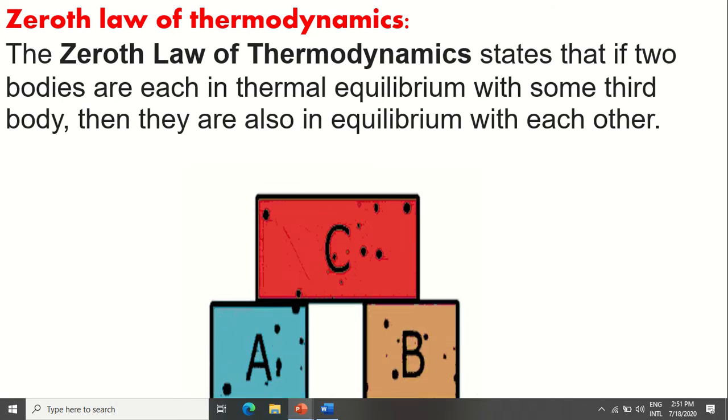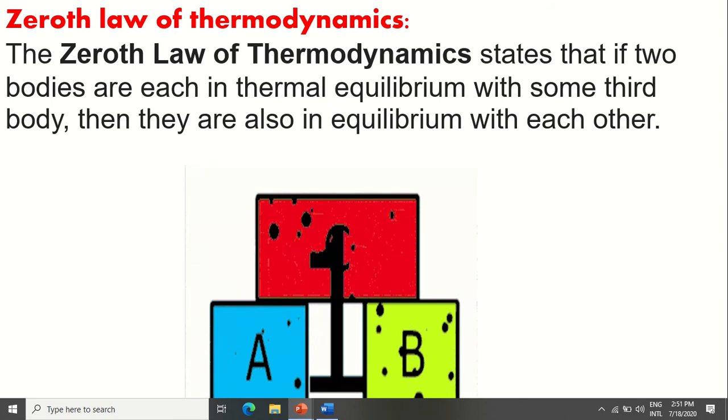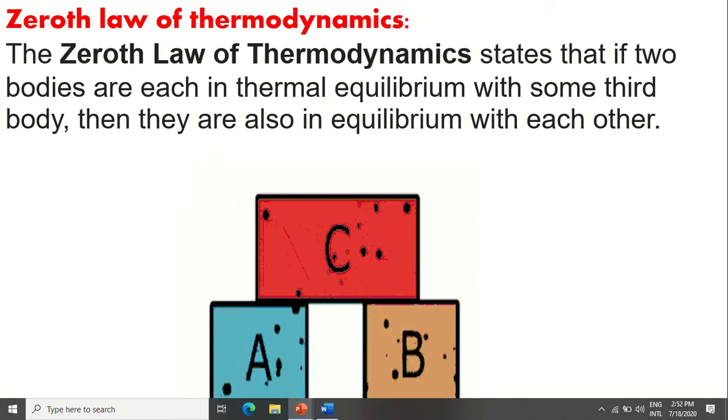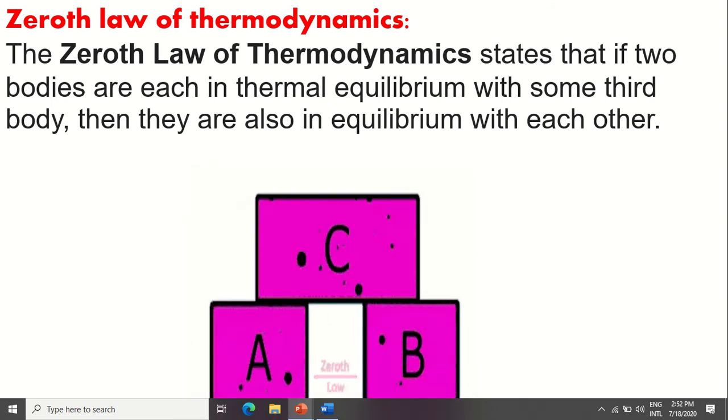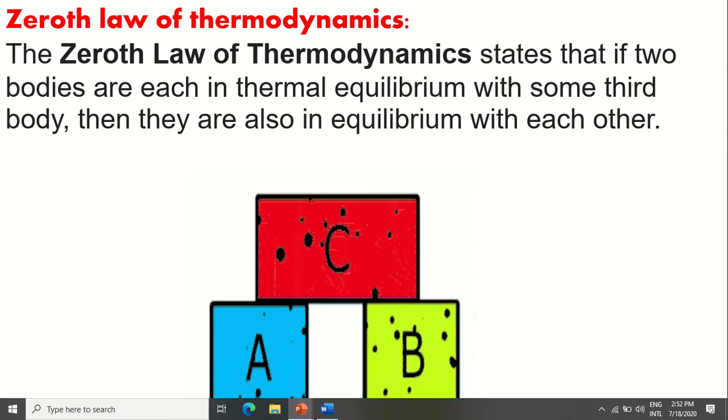From this it is realized that before withdrawing the wall, A and B were already in thermal equilibrium with each other. From this we can understand the Zeroth Law of Thermodynamics.